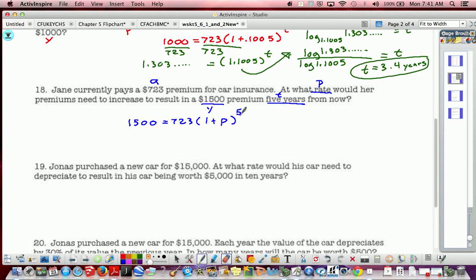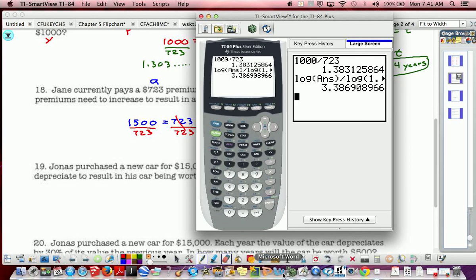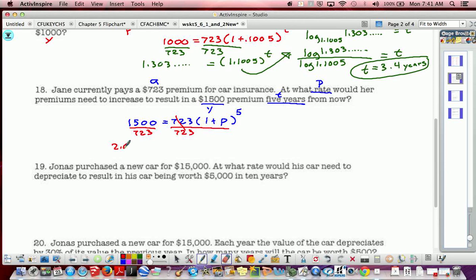So this one's not going to require logarithms, but it's going to require us to be doing those fractional exponents that we've been doing before. So what I'm going to first do is divide by 723. So when I do 1,500 divided by 723, so 2.07 equals (1 plus P) to the 5th power.